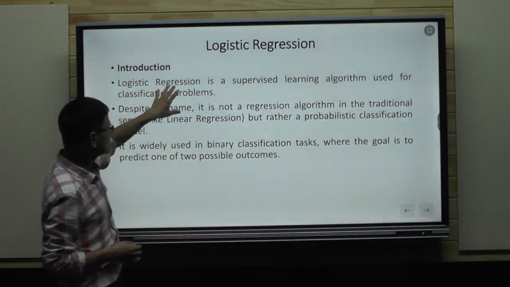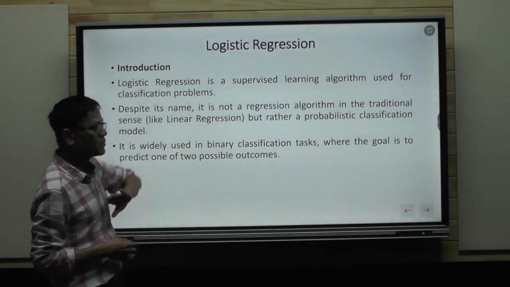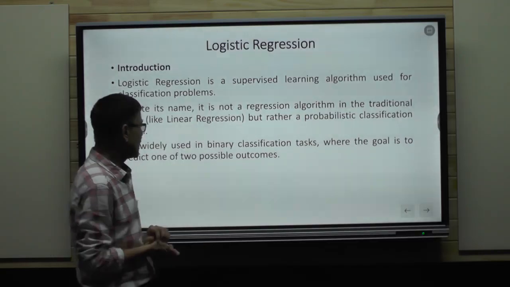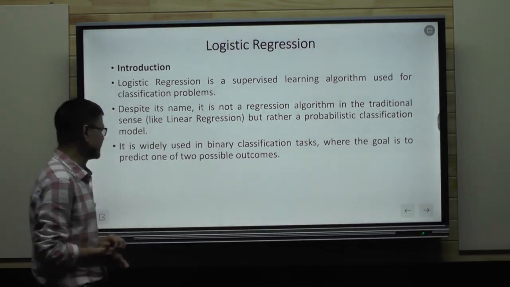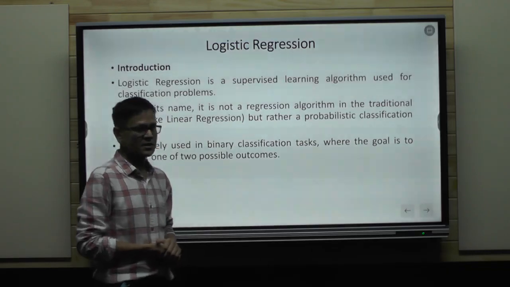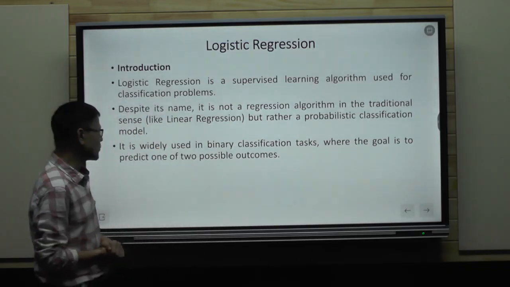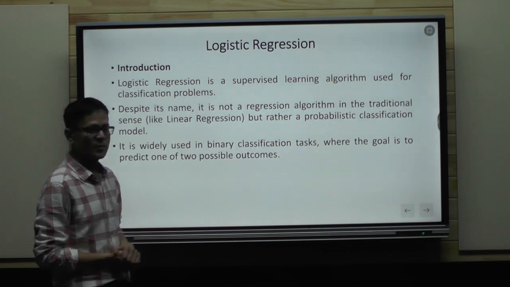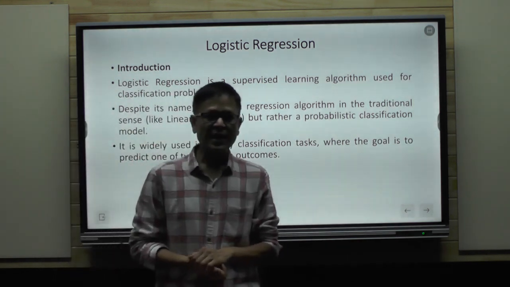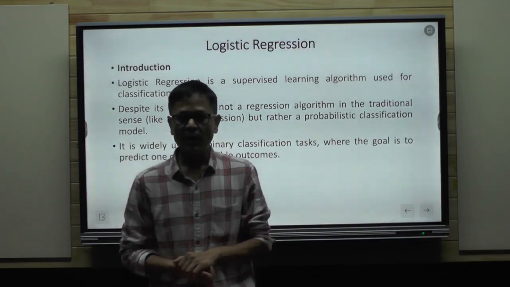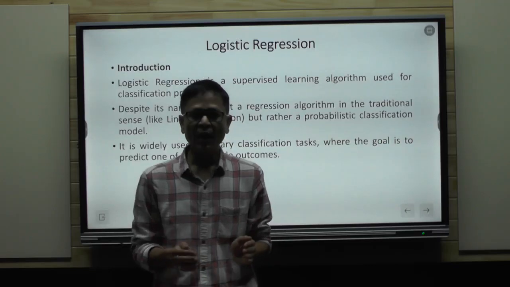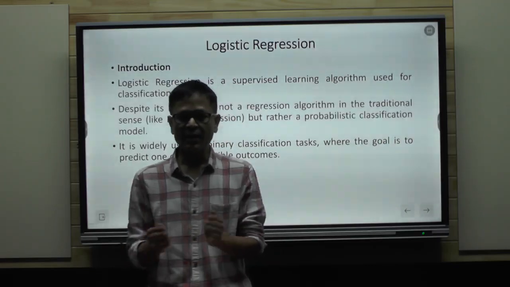It is called logistic regression, but it is a probabilistic classification algorithm or model. It is widely used in binary classification tasks, where the goal is to predict one of two possible outcomes. A classification problem is where you have to group certain data into class A and class B.